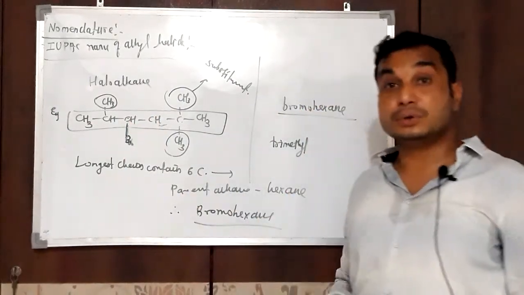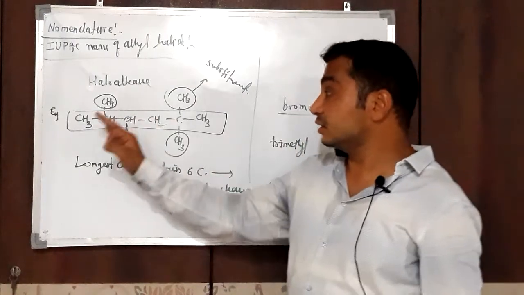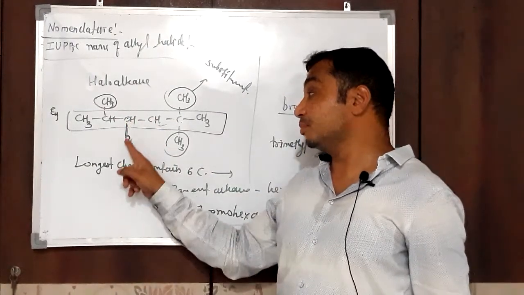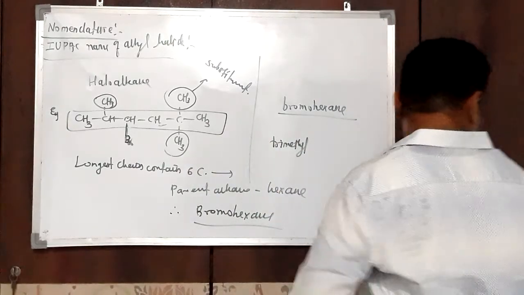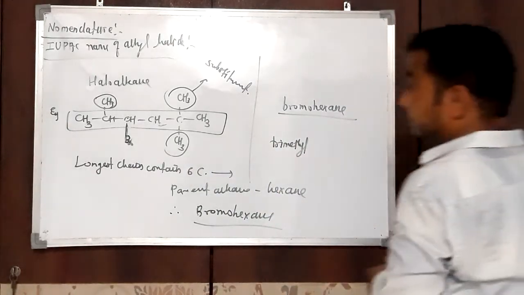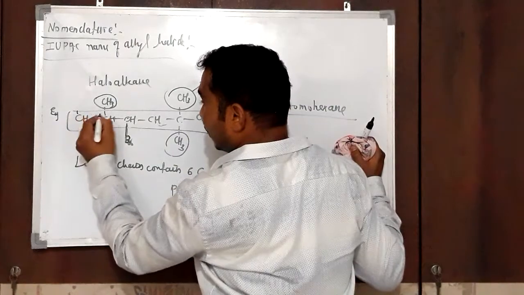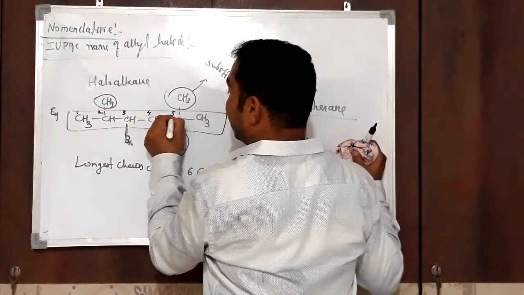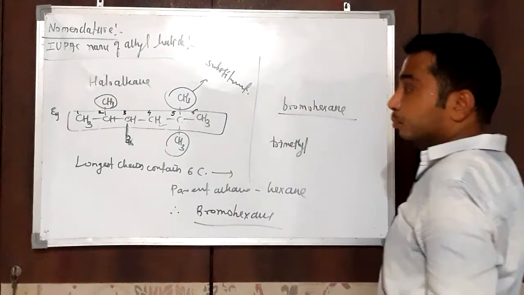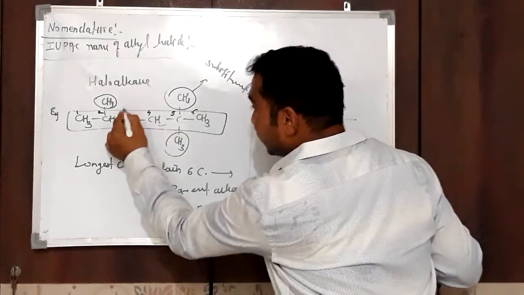So the numbering is like this: 1, 2, 3, 4, 5, 6. So bromine is attached to carbon number 3.